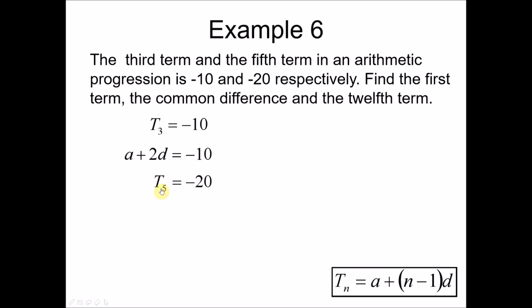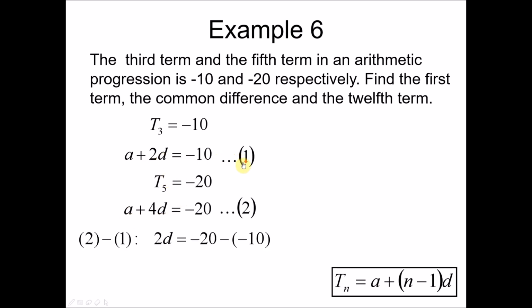The same applies to T5. T5 equals a plus 5 minus 1 d, which equals -20. So now we have two equations with two variables. Hence, we can label these as equation 1 and equation 2, and solve using simultaneous linear equations.